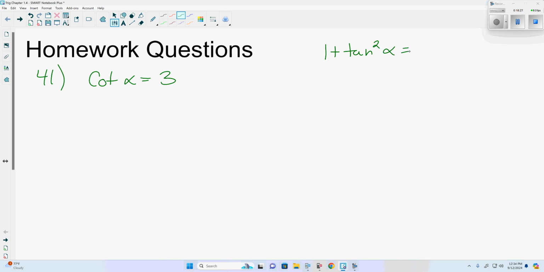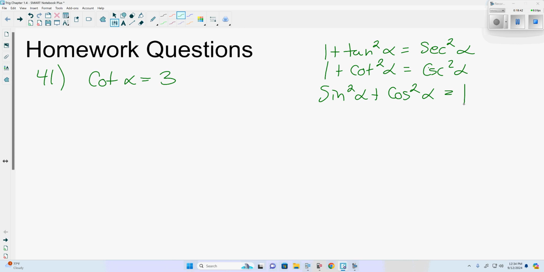I do not know. I think it's 43, but I don't know. I'm just picking the next one. I was confused. These will work every single time. We're just using the formulas to find the other parts.